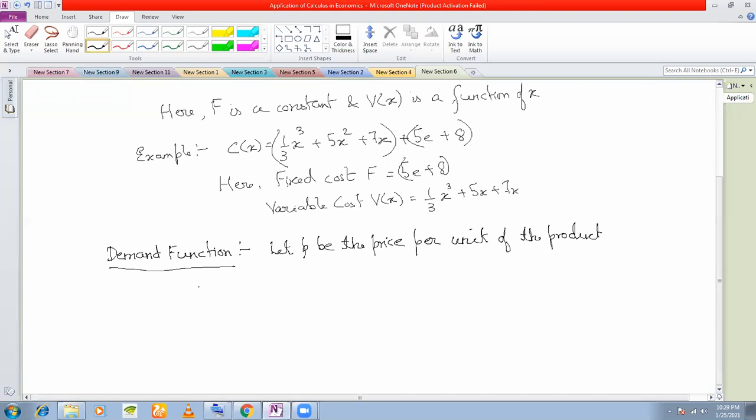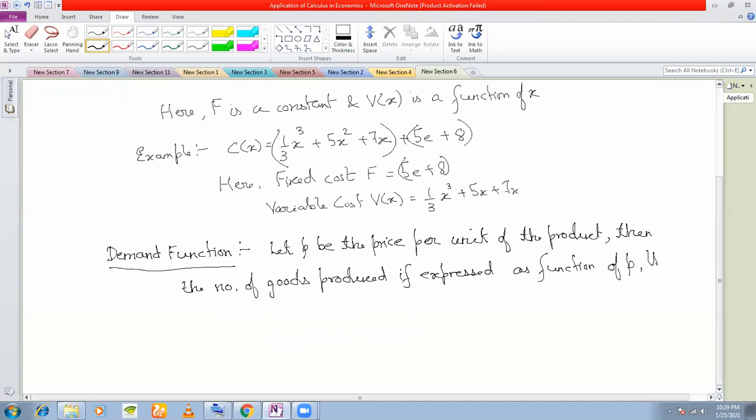Then the number of goods produced, if expressed as a function of P, then that function is called the demand function.